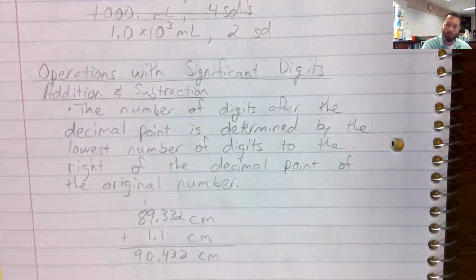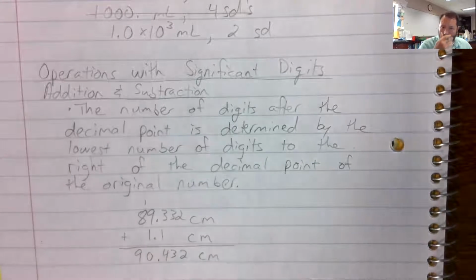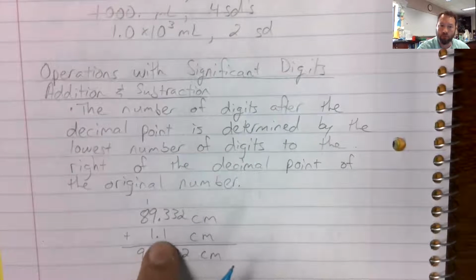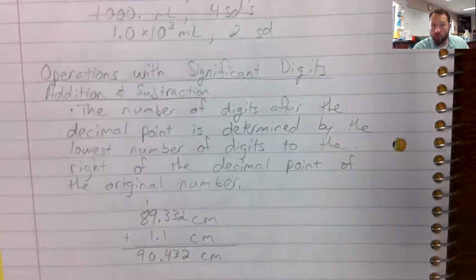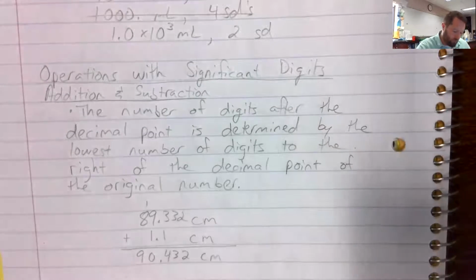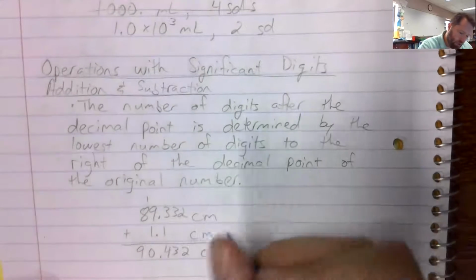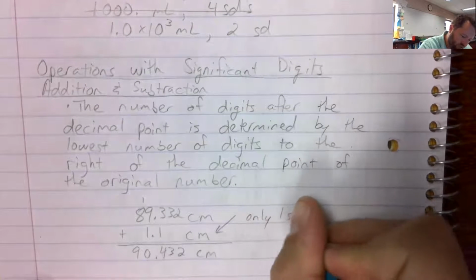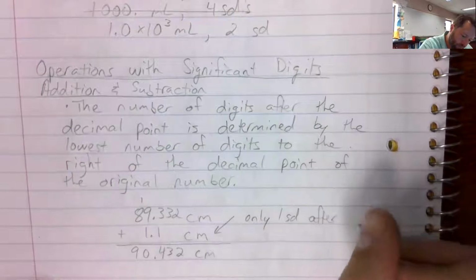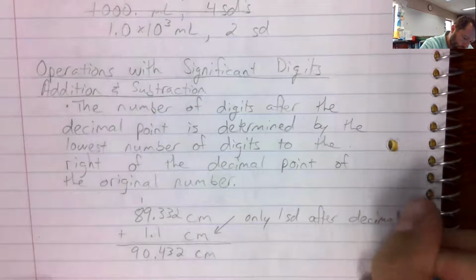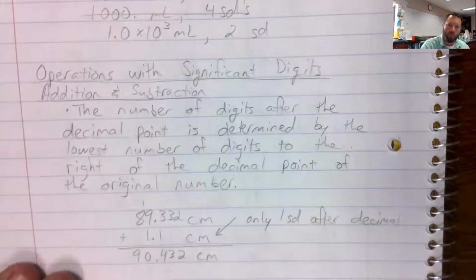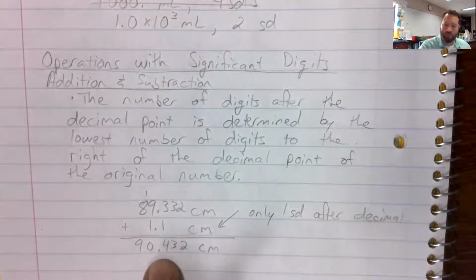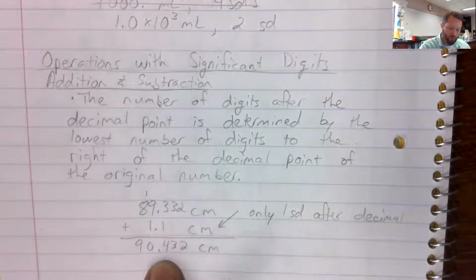It's an addition problem. So again, what that means, for addition and subtraction, is that we're limited to the placeholder, or how many places after the decimal, of our number with the fewest places past the decimal. So this number here, 1.1, has only one digit after the decimal. So guess what? Our answer should only go to that 10th place, only that first place after the decimal.